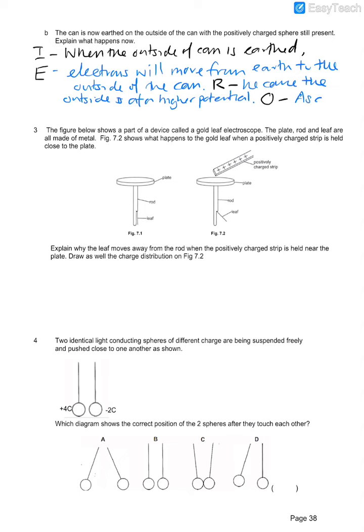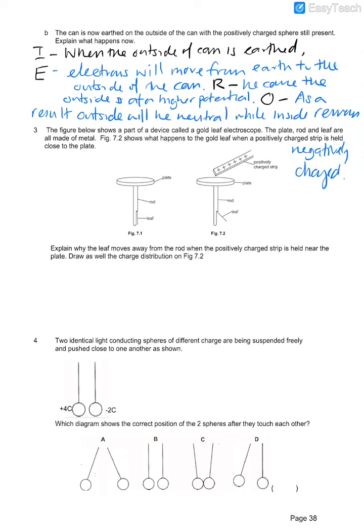As a result, outside will be neutral, while inside remains negatively charged. Okay, so you can see slowly as you do this, you will find it's not that difficult. Just think carefully, follow a format, you can work it out, right?